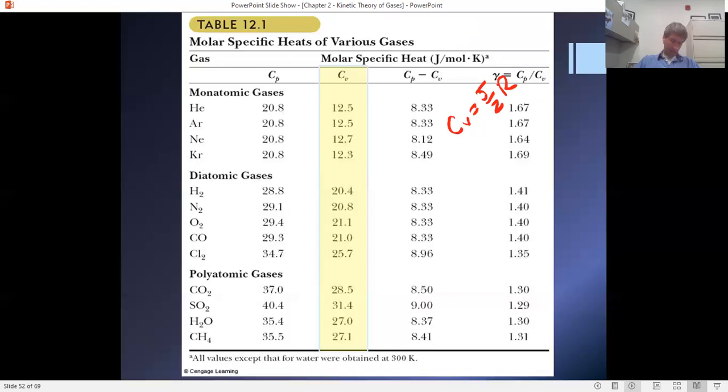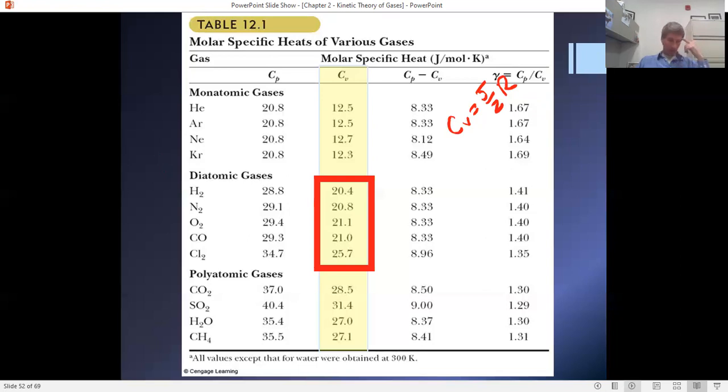And right around 20, a little bit more than 20, our diatomic gases fit very well in there. So that tells us that we have the translational modes going. We have the rotational modes going, but the vibrational modes don't play a role here.